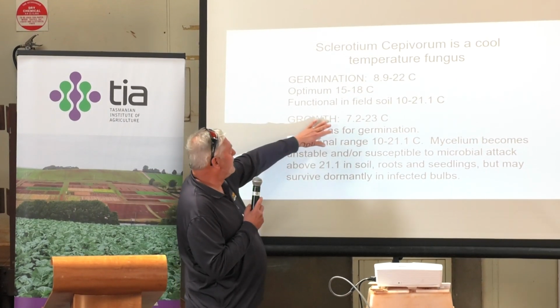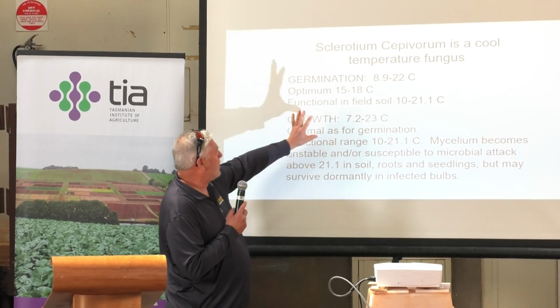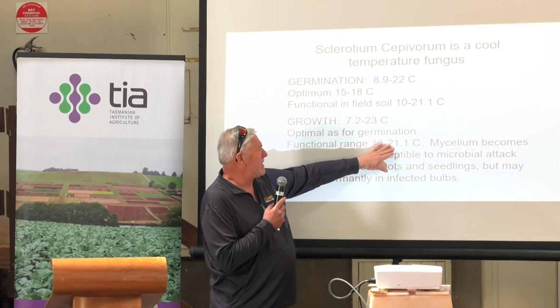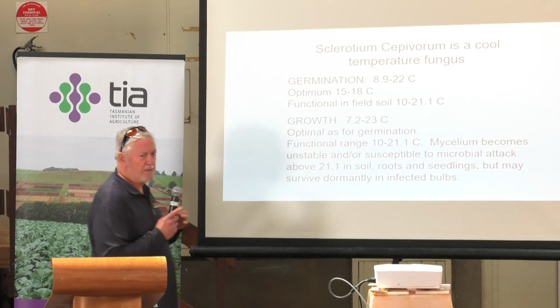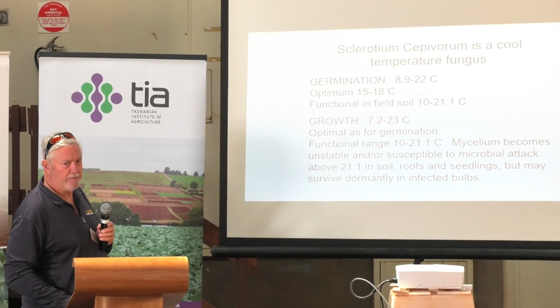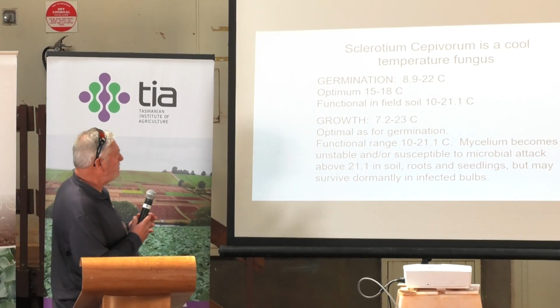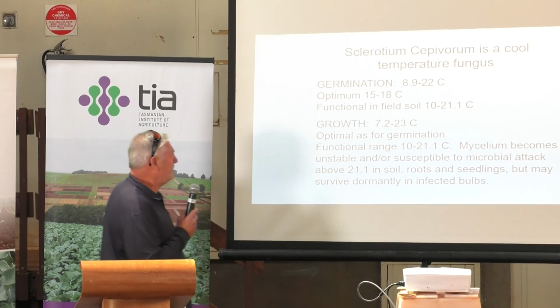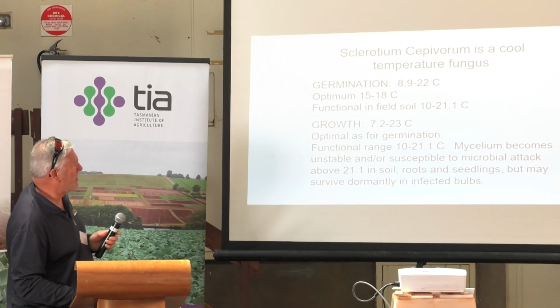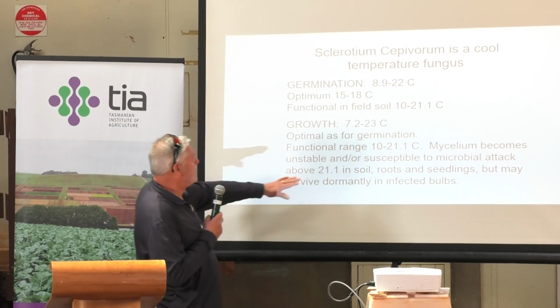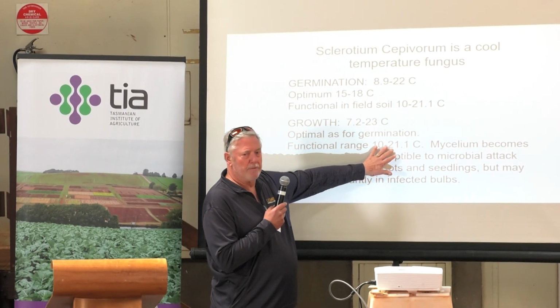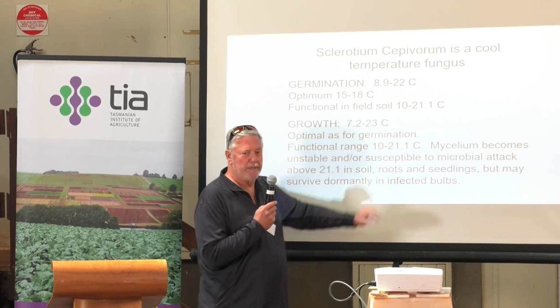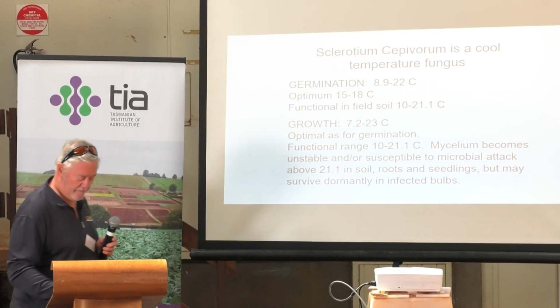The hyphal growth itself has a little bit wider range, but again, it seems to have an upper limit at about 21 centigrade and just fails to compete with anything in the soil, even though Rhizoctonia and sterile Rhizoctonia grow a little bit hotter than that. So for all the modeling that I'm talking about, the effective temperature range that we're looking at is from about 10 to 21 centigrade.